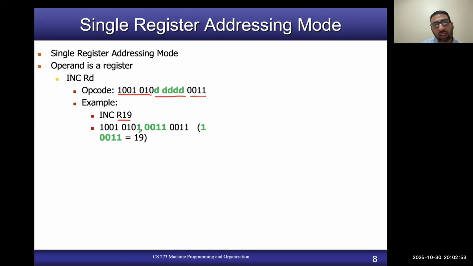If the register number is 19, it will be 10011, which is equal to 19, right? So this instruction is saying that I need an operand, but that operand is in the register itself, right? Similarly, the decrement RD instruction also uses single register addressing mode.